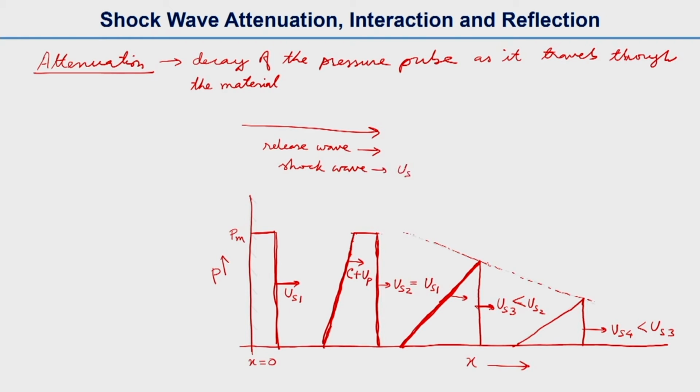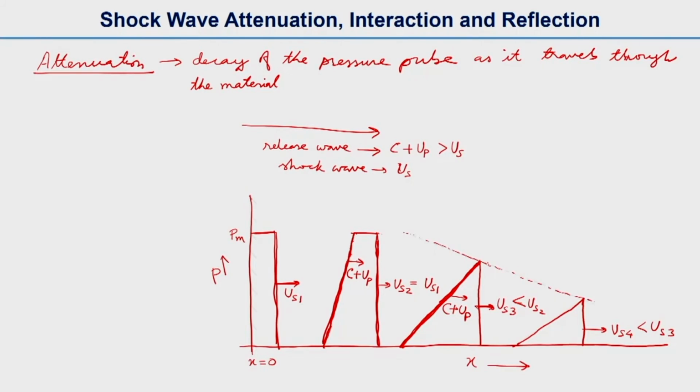The velocity here is us, or at different times we are writing us1, us2 like that. And then the other case, the release wave, which is reflected back from the back surface of the projectile, has almost a constant value, and this c plus up is higher than the us. That is why the release wave will at some point overtake the shock wave.